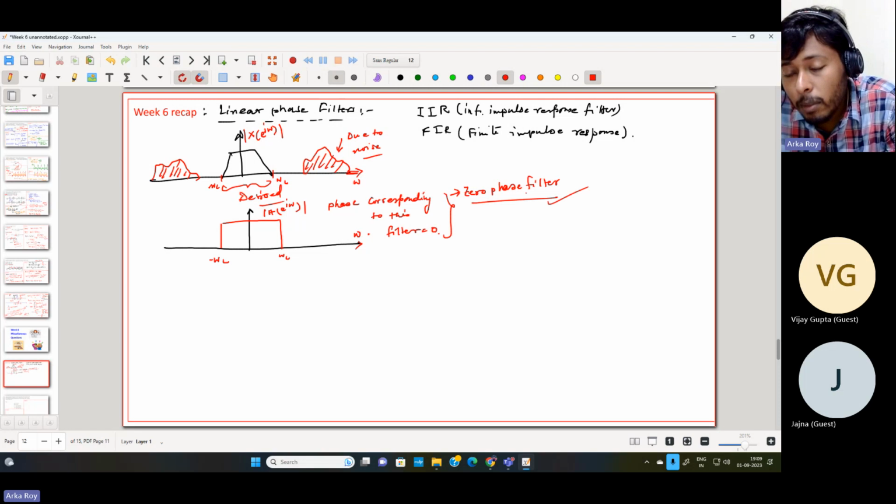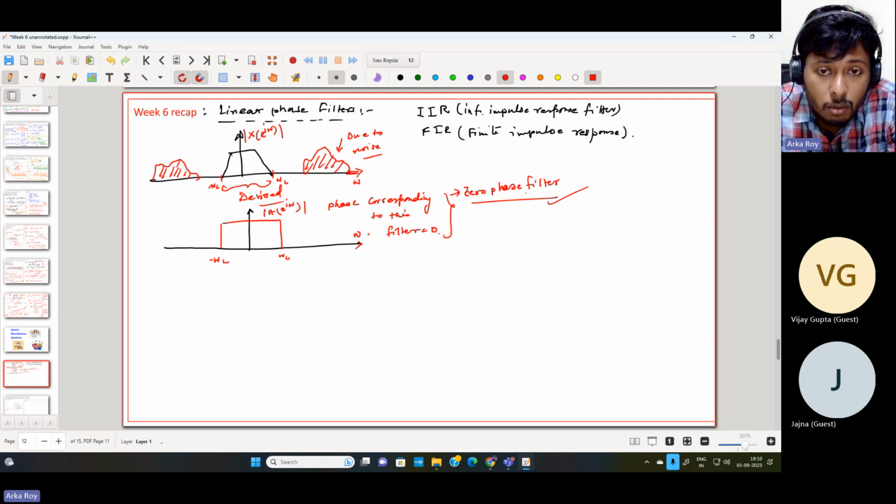So we need to have some phase operations also. Now, what should be the phase operation? In the heading only, we have already said that there should be a linear phase filter, and let us just prove why a linear phase filter is required.